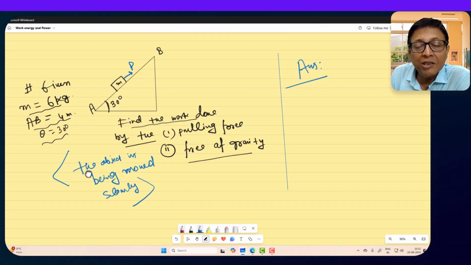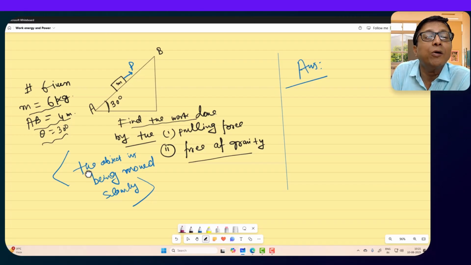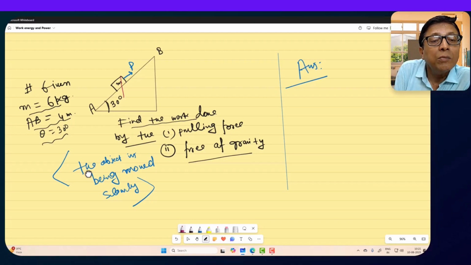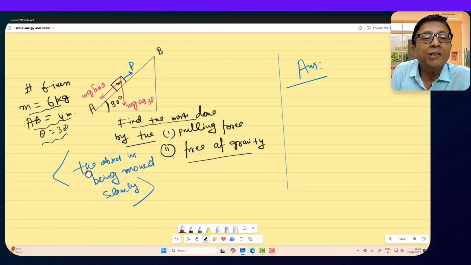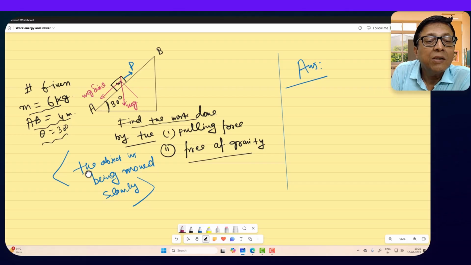Now the next question is, what are the forces acting on the object? That you know: mg cos 30 this manner, this is mg, I wrote wrong. This is just mg, vertically downward. Mg cos 30 will be acting this way. Fourth chapter, lots of sums were there. You have seen that, so I am not going to explain that.